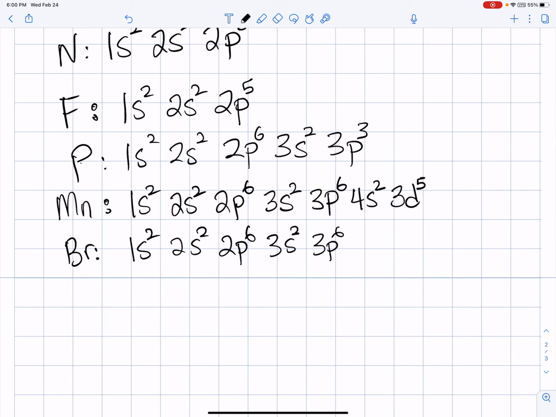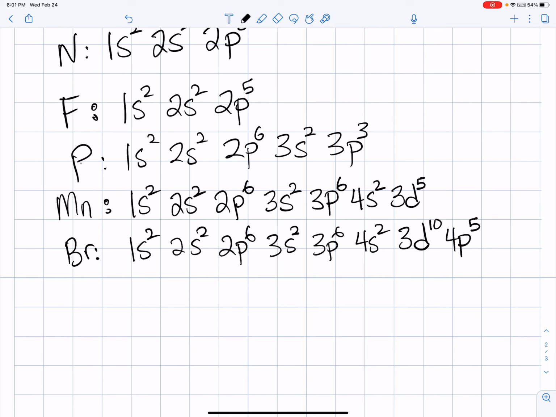And now going into the 4th row, 4s2, there's calcium. 3d, we have to go all the way through, so 3d10, there's 10 elements there. That's now zinc. And then we're going back to 4p, and bromine is the 5th element into that section, so 4p5. There's the bromine electron configuration.